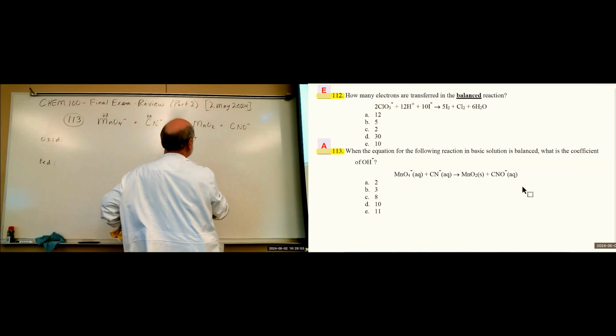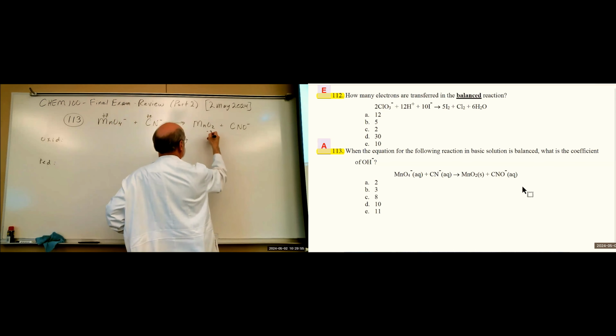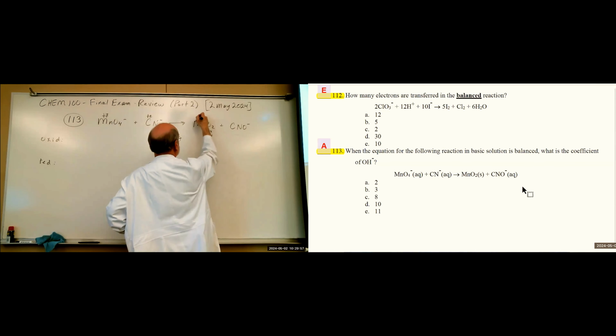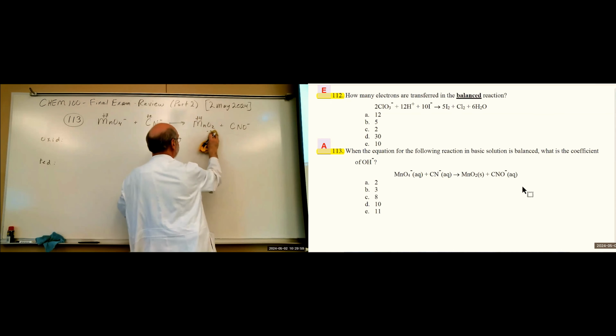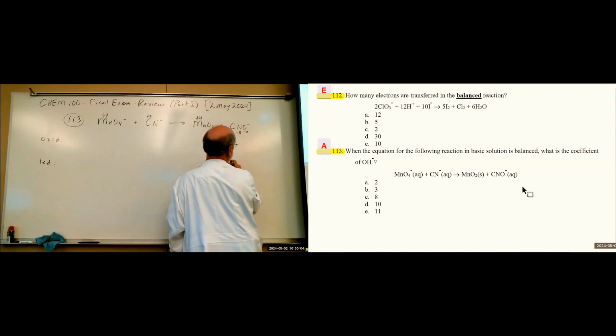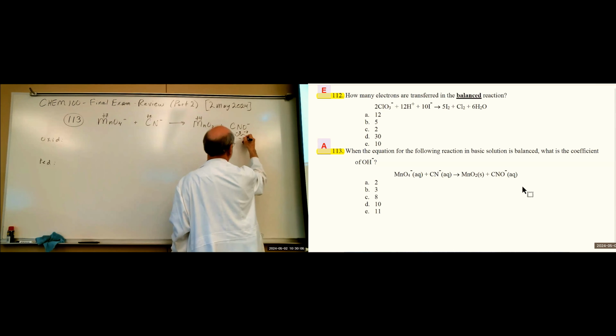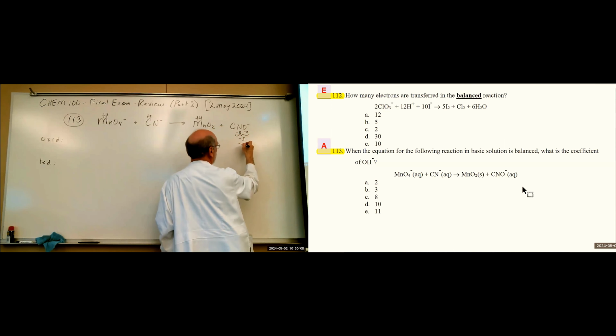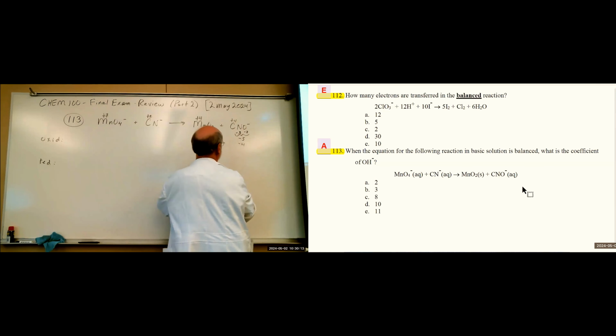Okay. -2 times this, -4, +4. Okay. And -2, -3. So that's a total of -5, but we only have to balance -4 because we need that charge.